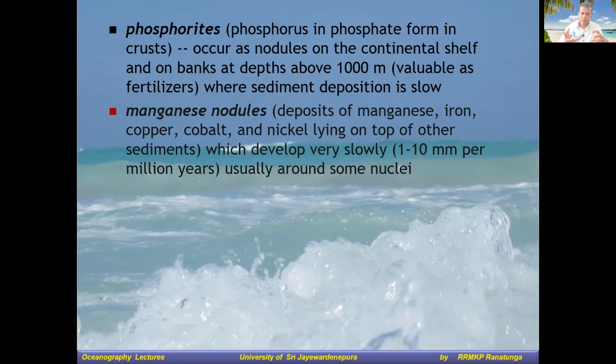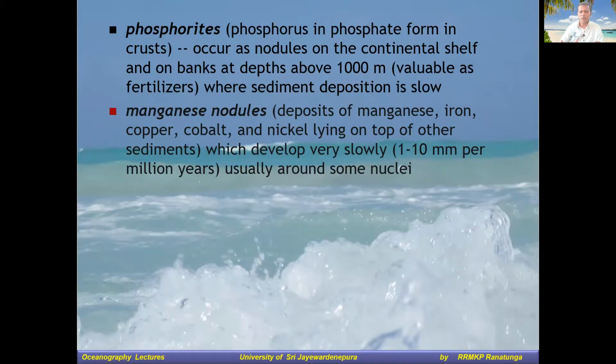Actually even scientists have not much idea why and how these manganese nodules are formed, but it is a mixture of some ions, some metals like iron, copper, cobalt, nickel. They come together making small balls, right?